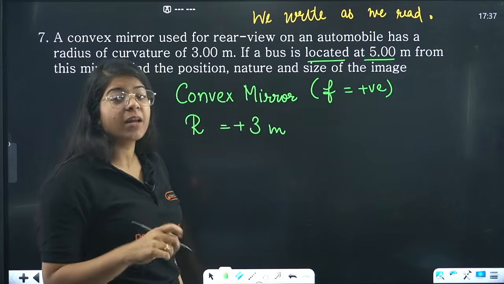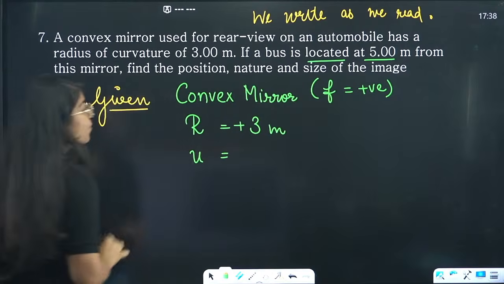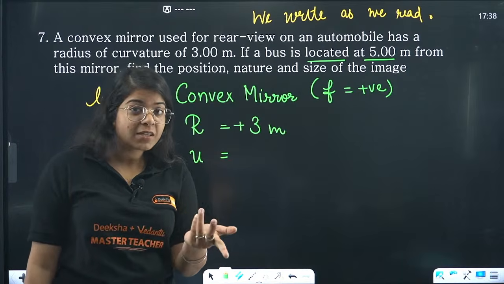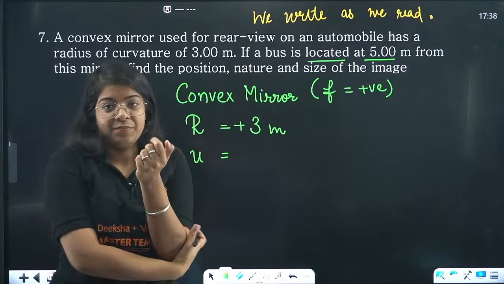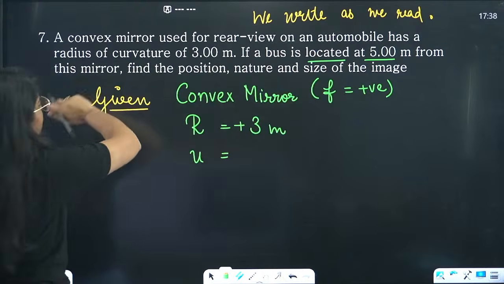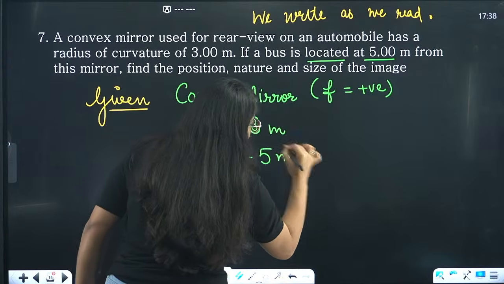So object is what? u, and beta, the sign of object distance is always negative, right? It is always negative. If a bus is located at 5 meter from this mirror, so this is minus 5 meters.